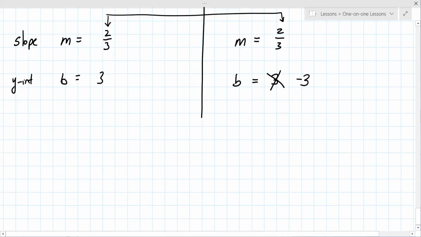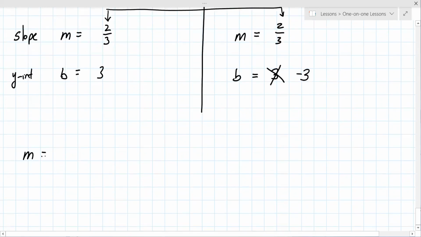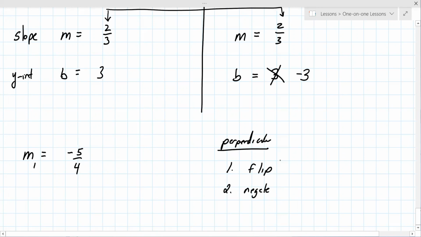Okay, now let's say I told you that the slope was -5/4, and we wanted the perpendicular slope. And that's what I think you were going for. So perpendicular, you have to do 2 things. You have to flip and negate. When you flip the fraction, you get 4 over -5.